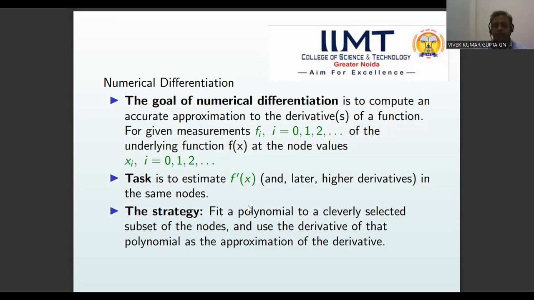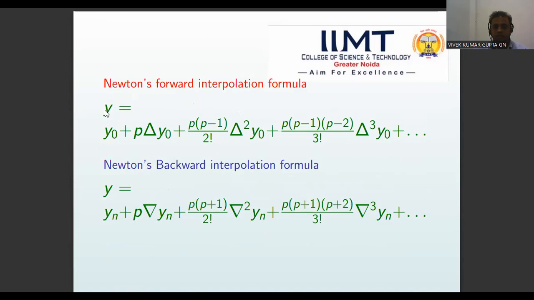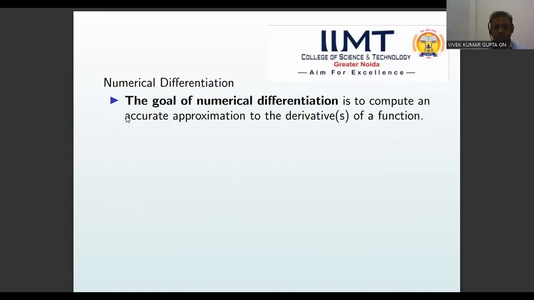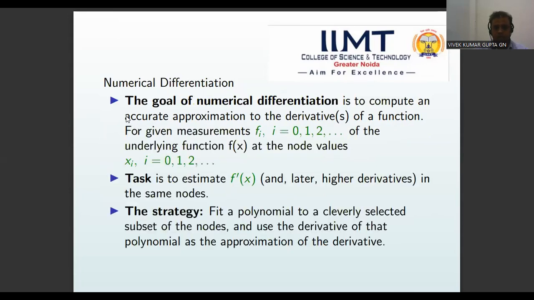Here are some interpolation formulas in polynomial form: Newton's forward and backward interpolation formulas, which are used to interpolate or extrapolate the data.